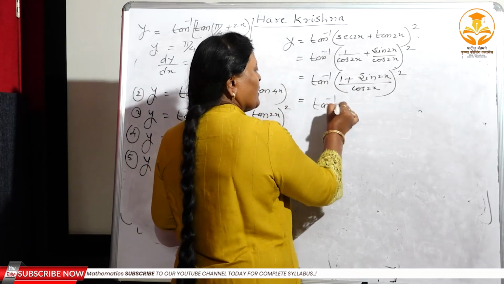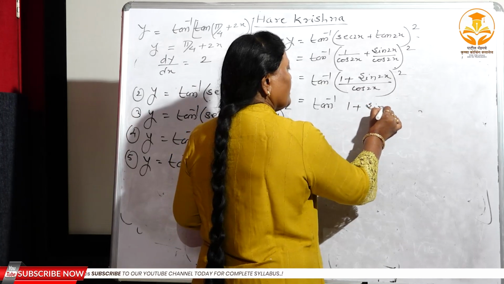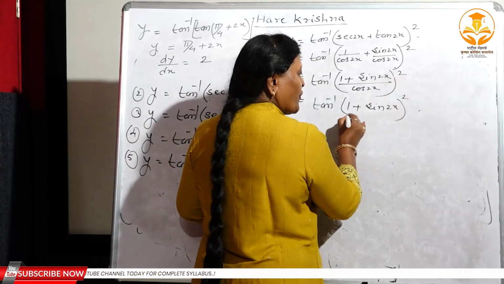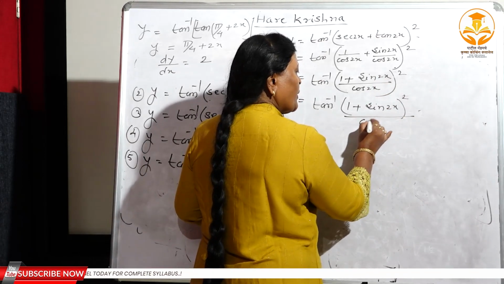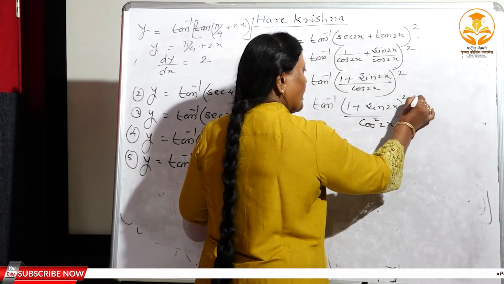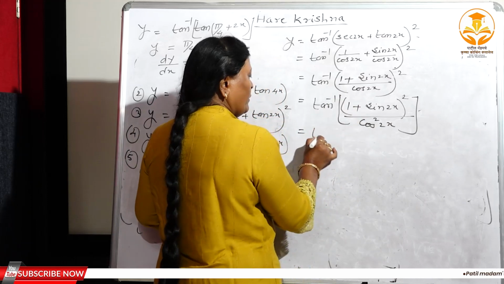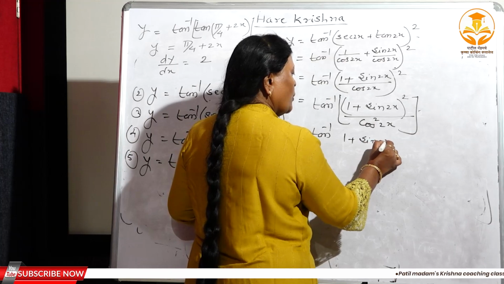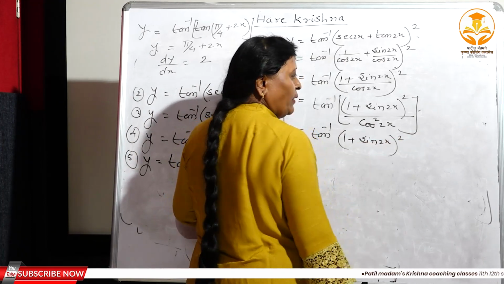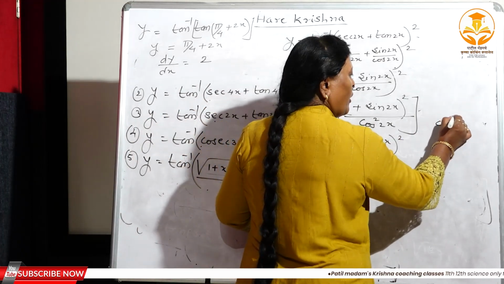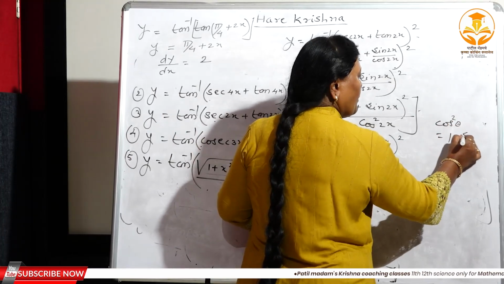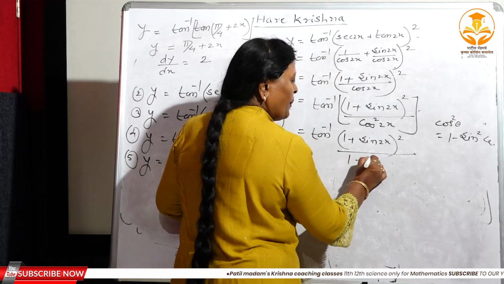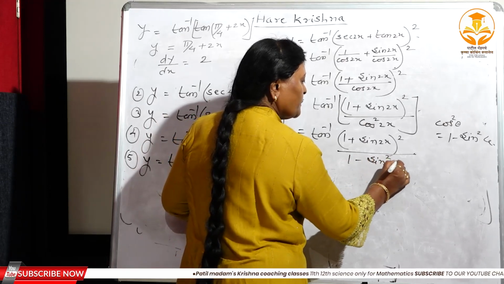Tan inverse of (1 plus sin 2x) whole square, and here square of the numerator, square of the denominator, cos square 2x. This you have to write. Again (1 plus sin 2x) whole square, and cos square theta you can write as 1 minus sin square theta. Therefore cos square 2x you can write as 1 minus sin square 2x.